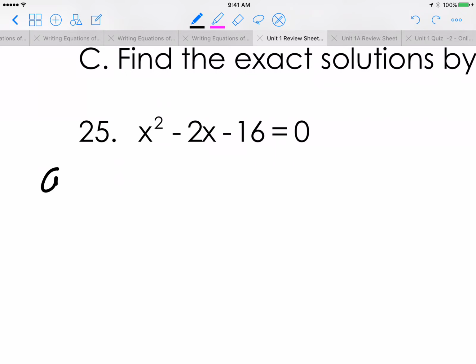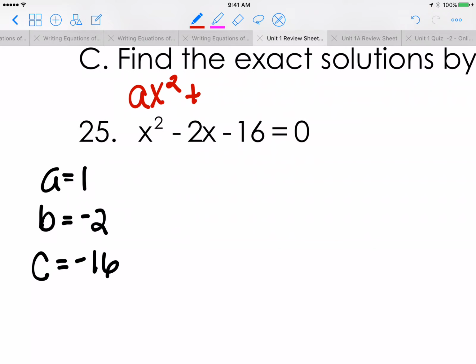So a equals 1, b equals negative 2, c equals negative 16. And we know that because it is ax squared plus bx plus c equals 0. So the understood 1 is a, the negative 2 is b, and the negative 16 is c.